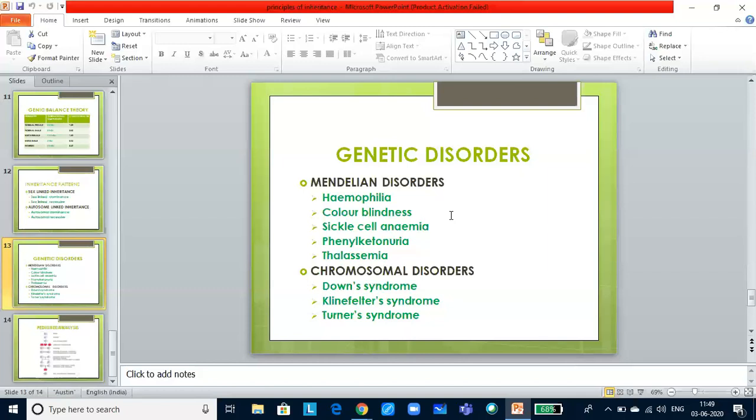Now, the next one is sickle cell anemia. It's an autosome-linked recessive trait that can be transmitted from parents to the offspring when both the parents are carriers of the gene. The disease is controlled by a single pair of alleles, HbA and HbS. Out of the three possible genotypes, only individuals homozygous for HbS will show the diseased phenotype.